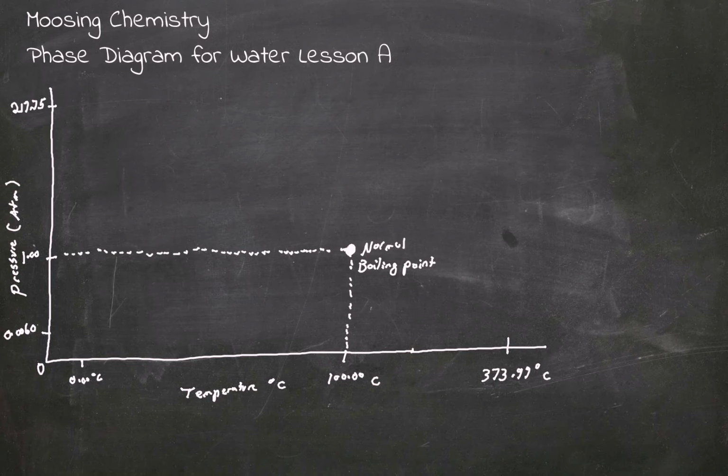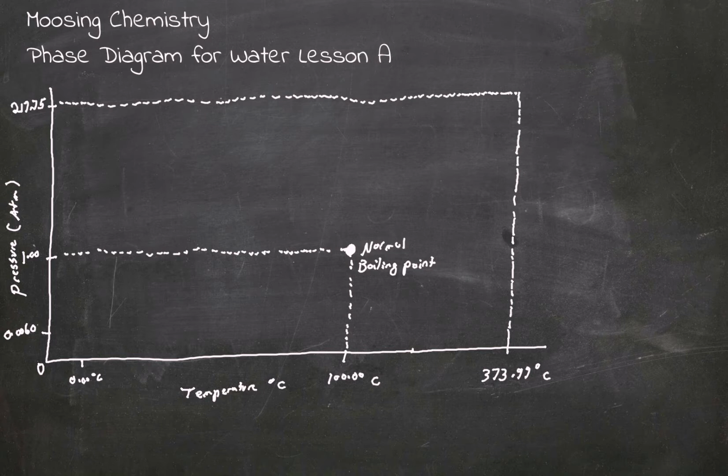Okay, so now we're going to come over here, and we're going to come up here, and we're going to make another point on the phase diagram. That point is called the critical point.